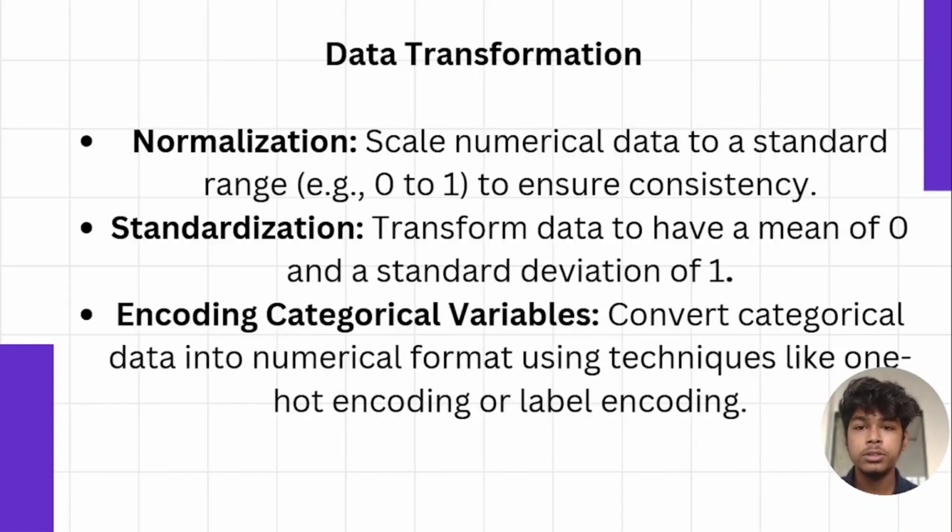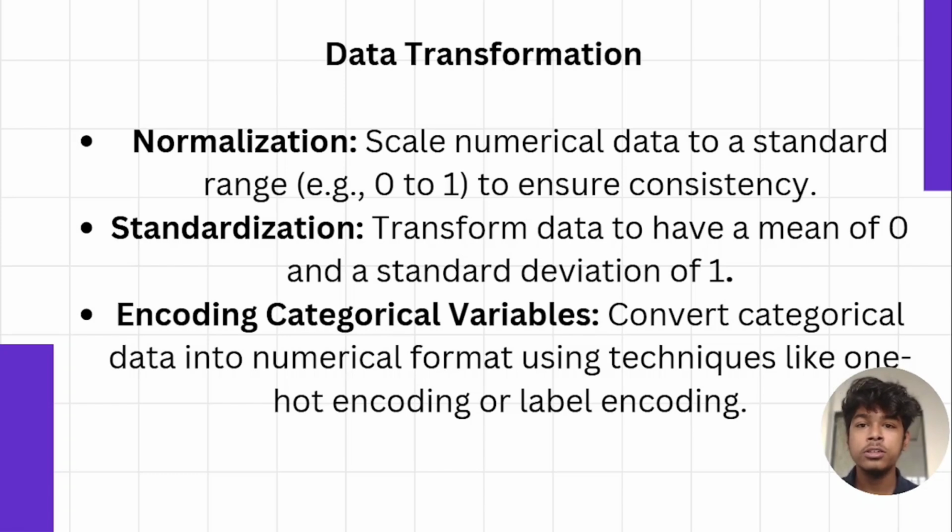Data transformation. In this, we will be transforming data to another stage for better analysis. Normalization. Scale numerical data to a standard range to ensure consistency. We will be scaling data to between 0 and 1.